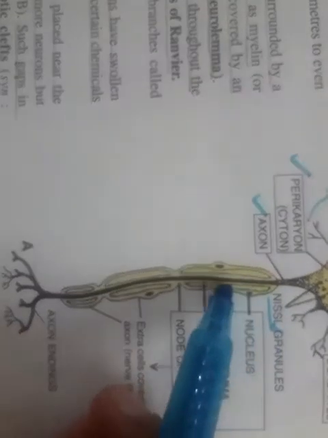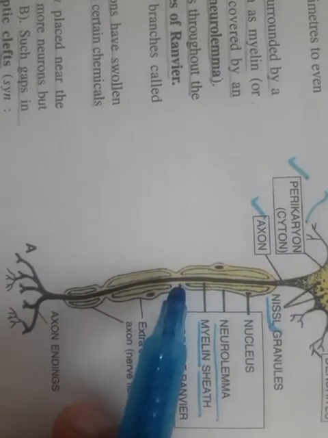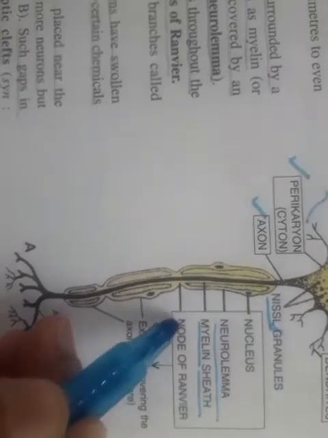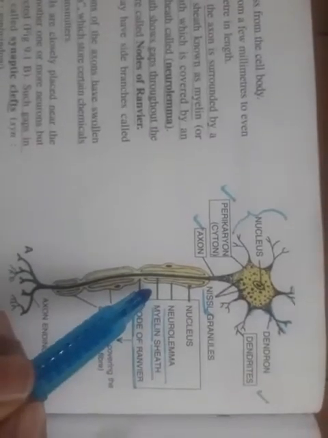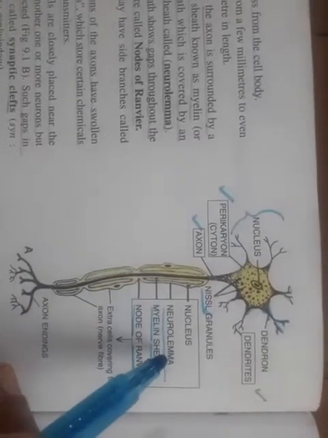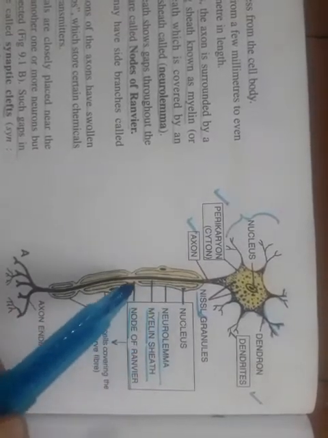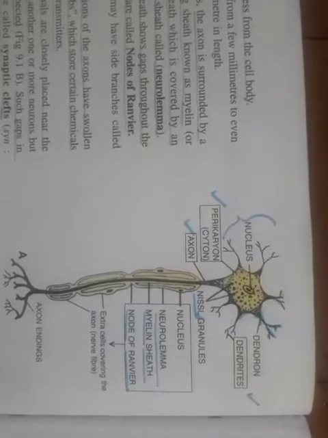So you can see here that the myelin sheath, here there is no myelin sheath. So there are gaps in the myelin sheath which are called nodes of Ranvier. So you have myelin sheath, outermost thin sheath called neurolemma, and the myelin sheath is interrupted at gaps called nodes of Ranvier.